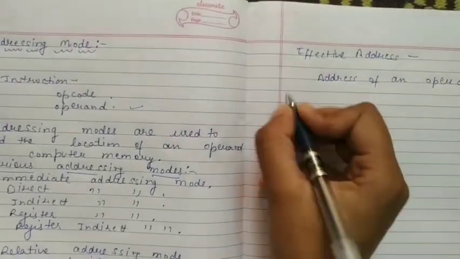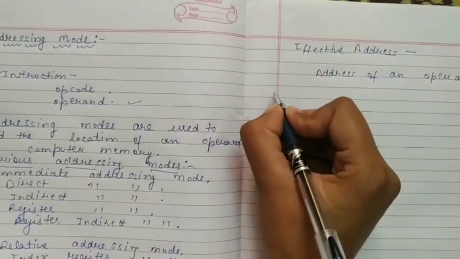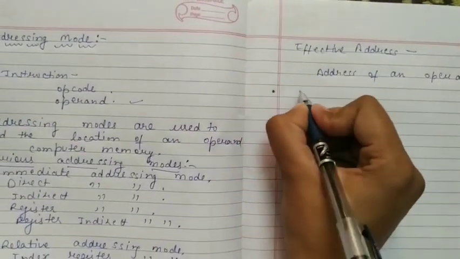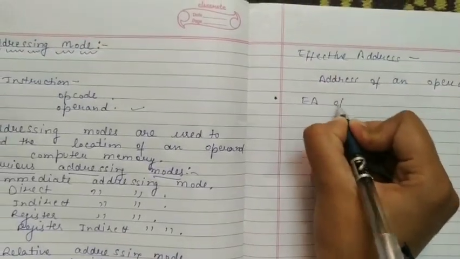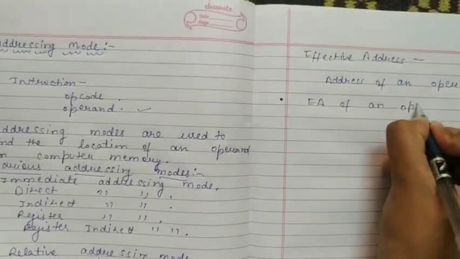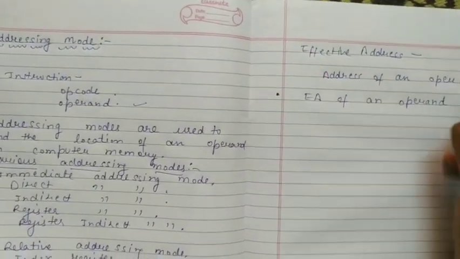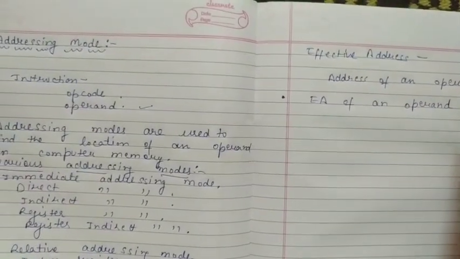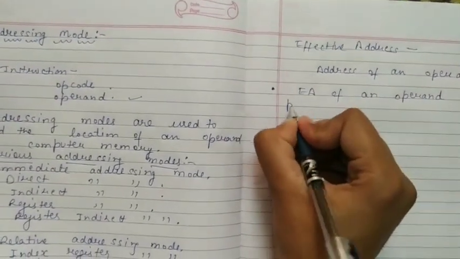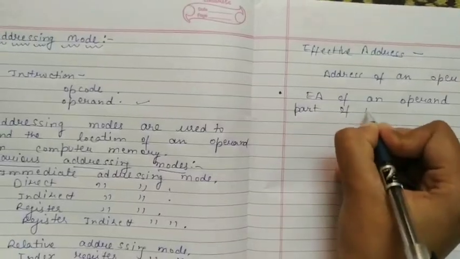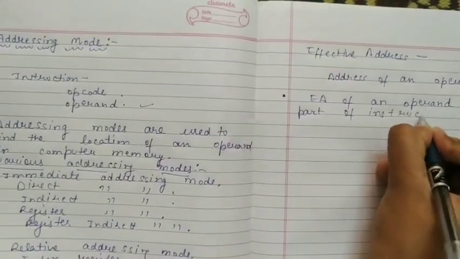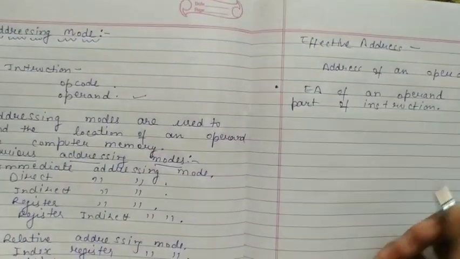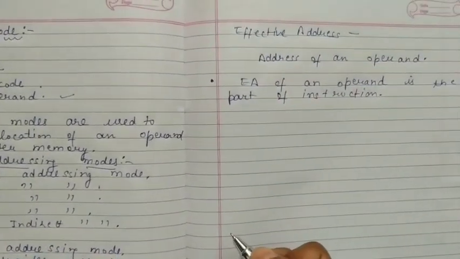The direct addressing mode says that the effective address of an operand is part of the instruction. It means that the effective address is given within the instruction.